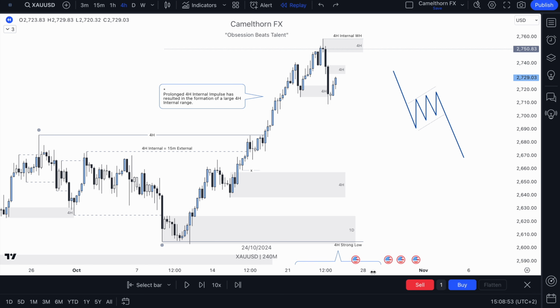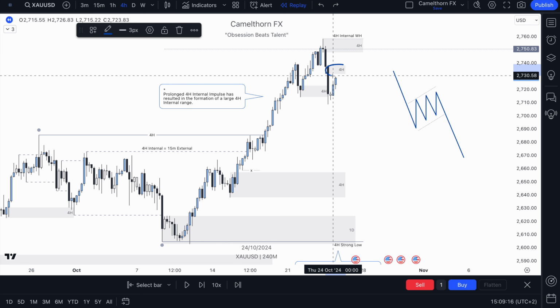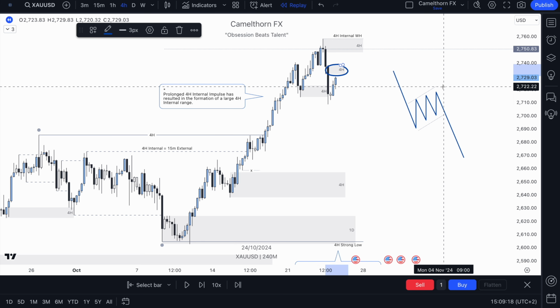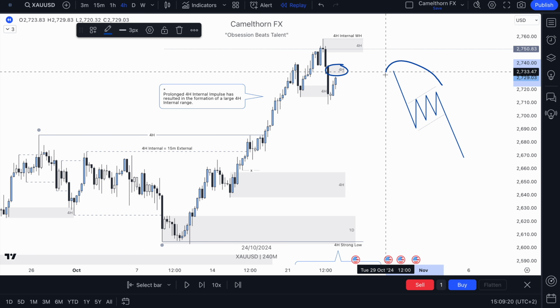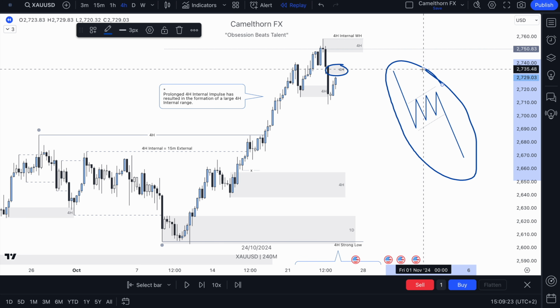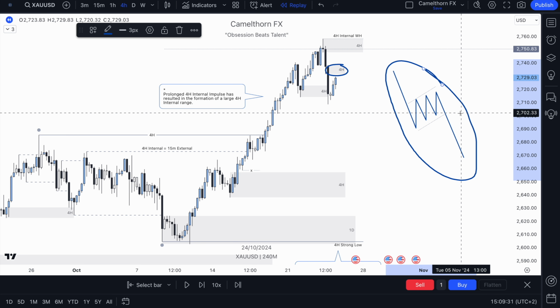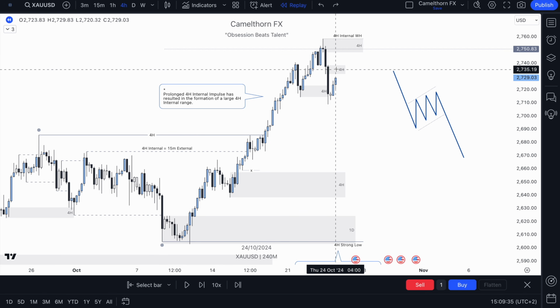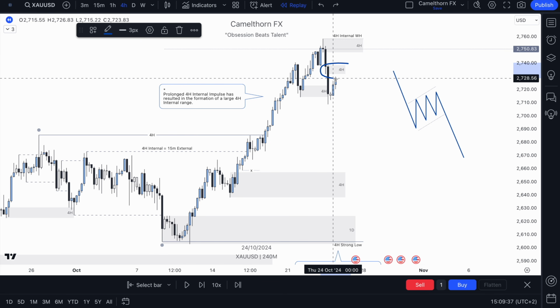But in this scenario, in the context of this price delivery, I then spotted that there was a potential sell opportunity in this area because of the possible formation of this pattern. I am not trading the pattern. I am noticing the potential price delivery and how that context can afford me a potential trading opportunity in here.